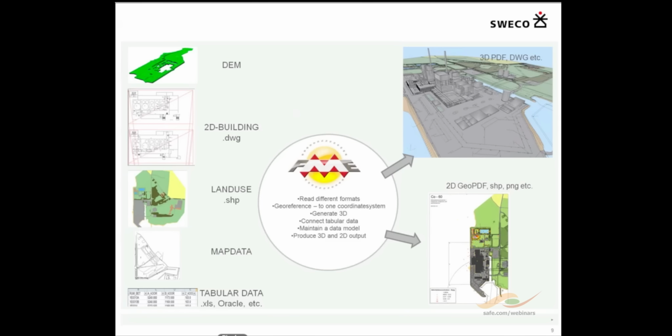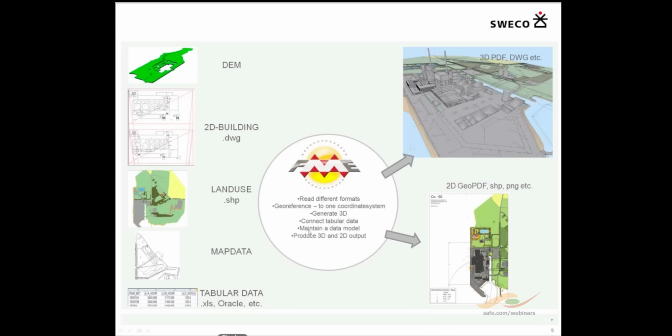Now, in this process, we use FME, and the great power is that I think that we can use so many different sources and do a lot of stuff with it at the same time. We have a digital elevation model for the entire plant, which is very high detail. We had the CAD drawings that I just showed. We had land use information. We had different kinds of map data, of course, different kinds of tabular data.